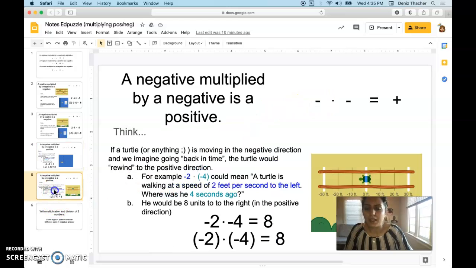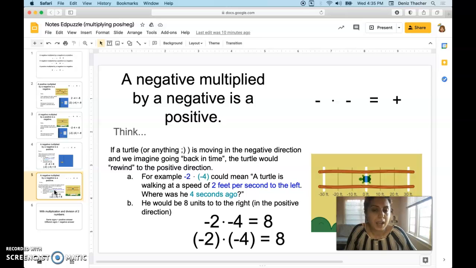If we think about it using the turtle, if the turtle, or really anything, is moving in a negative direction, and we imagine it going back in time, so we're rewinding, right? That's going to go towards the right in a positive direction.